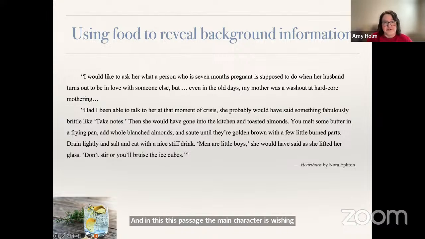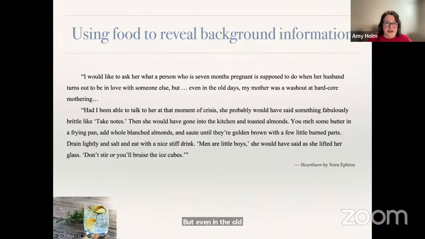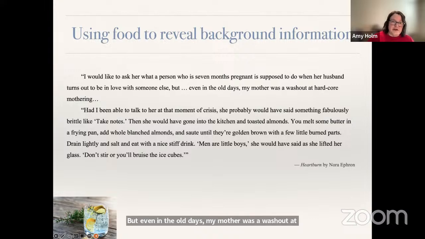I would like to ask her what a person who is 7 months pregnant is supposed to do when her husband turns out to be in love with someone else. But even in the old days, my mother was a washout at hardcore mothering. Had I been able to talk to her at that moment of crisis, she probably would have said something fabulously brittle, like take notes.